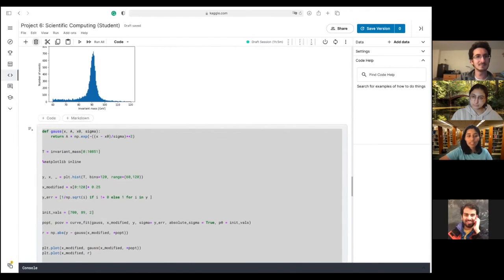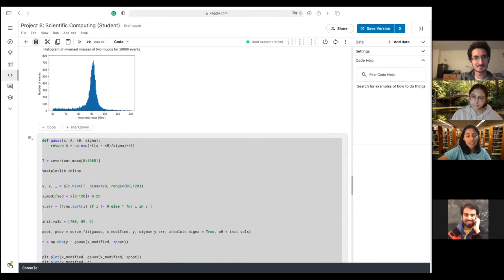So in a real analysis, what we do is we fit this background radiation, which we've omitted in this small analysis. And then from the background, if there's a 5 sigma deviation, which is clearly present here, then we see that there is something going on in that region.